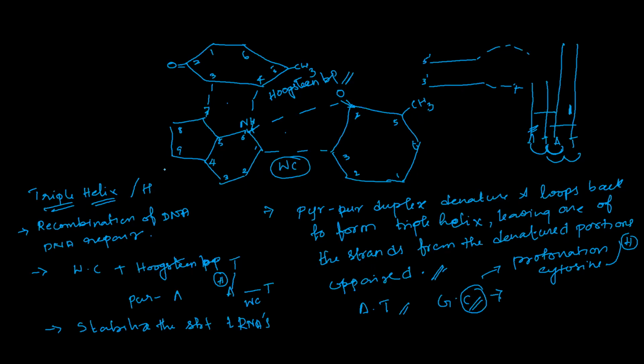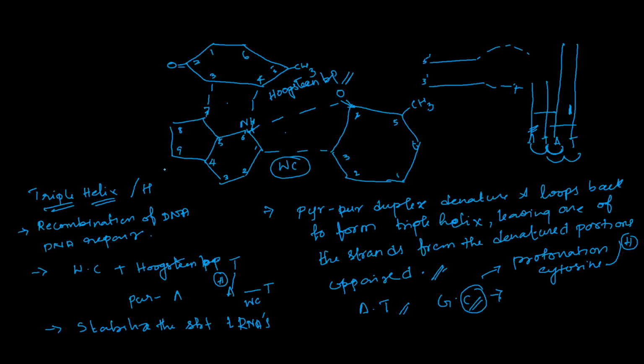Sometimes there is a triple helix or HDNA present, and this can occur when the recombination of DNA takes place or when there is DNA repair, and also in a few books I have seen that when there is a very low pH, this kind of structure can automatically be seen. So what happens in triple helix?